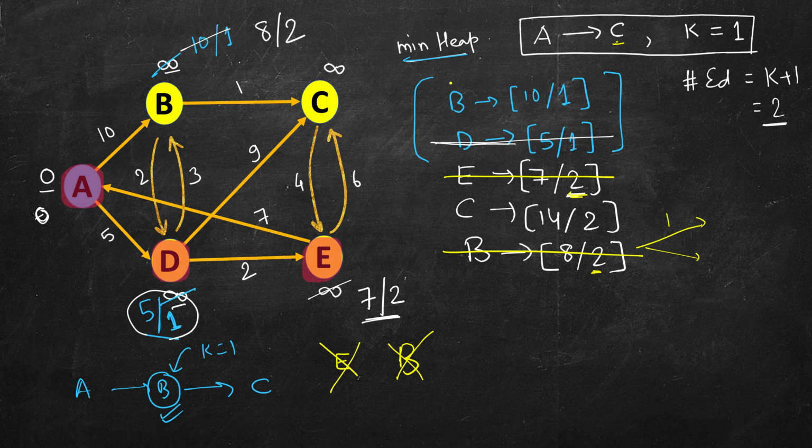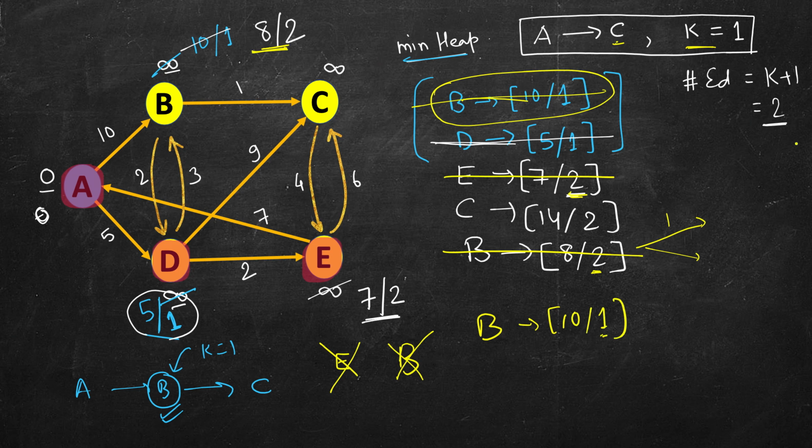Next minimum is again B, this one. So we pop it out. So B's minimum is 8, but the path that will go to C will not be the shortest path, but will be the shortest within this bound. So next we pick this B, 10, 1.